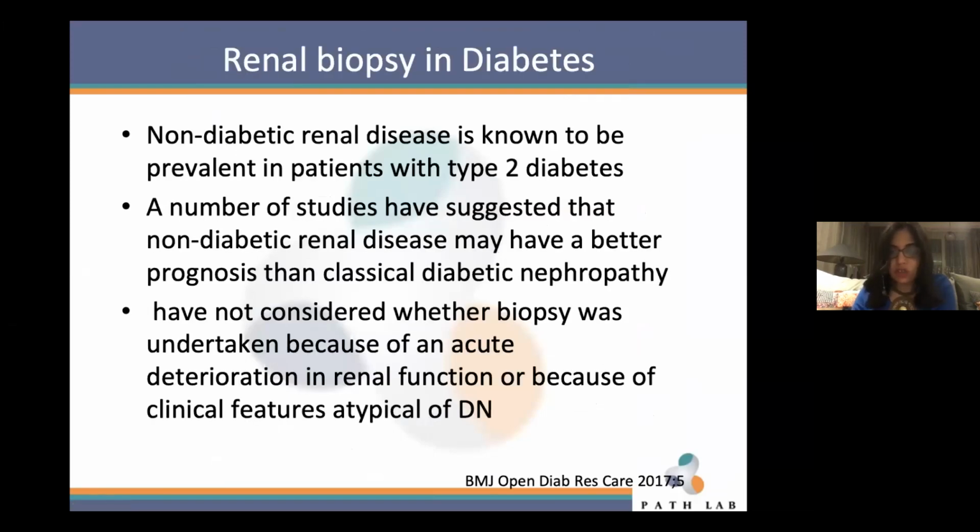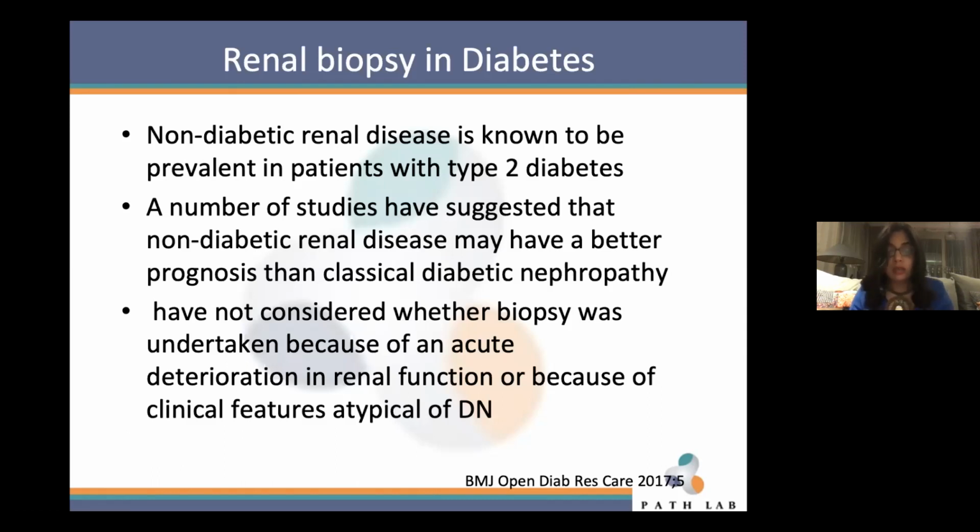Non-diabetic renal disease in general is known to be prevalent in patients with type 2 diabetes, and a number of studies have suggested that non-diabetic renal disease may have a better prognosis than classical diabetic nephropathy. So if you detect non-diabetic renal disease early on, you can deal with it, because these patients could be cured or managed and controlled, and then the prognosis is going to be better.